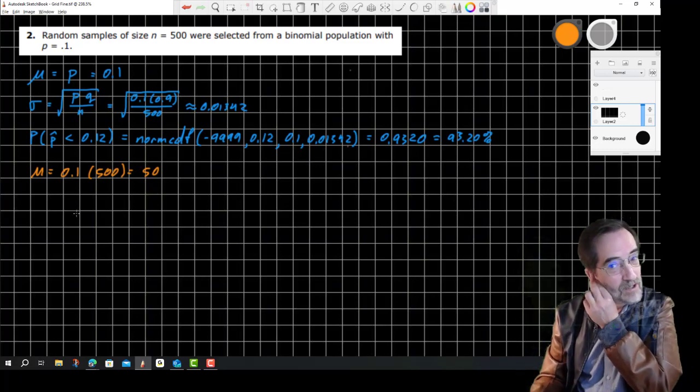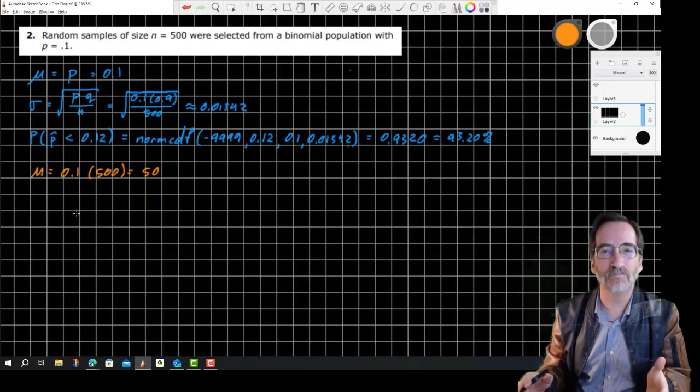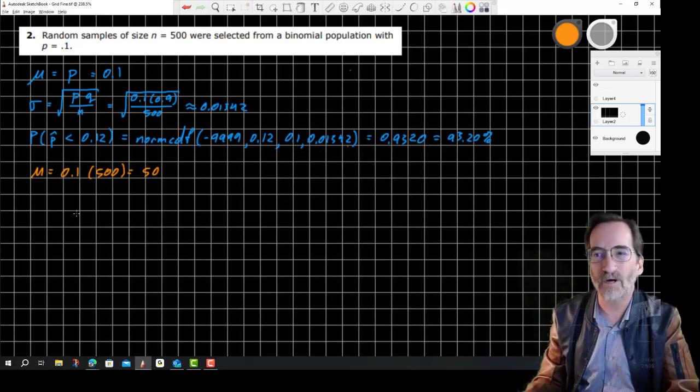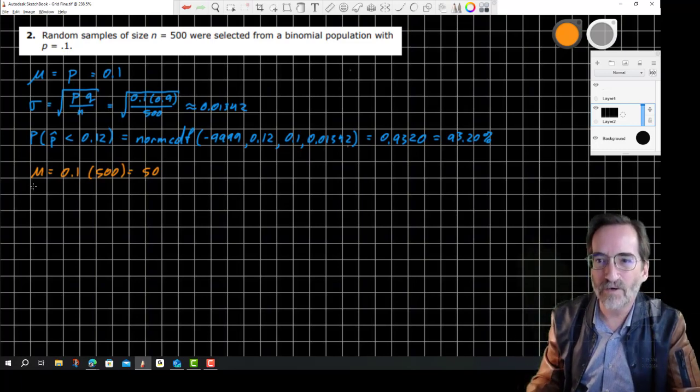You're just going to scale up the same distribution, it's just everything's scaled up by a factor of 500. The standard deviation works the same way. I'm going to multiply the standard deviation formula by n, square root of PQ divided by n, right?